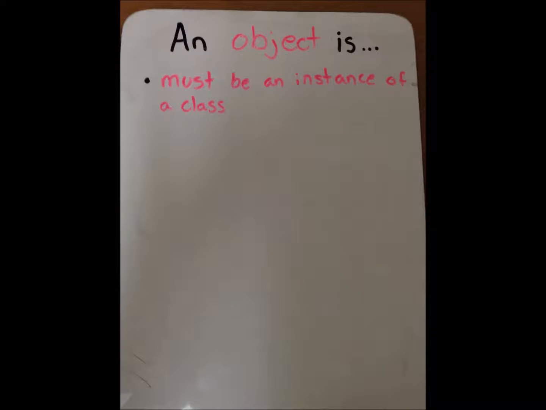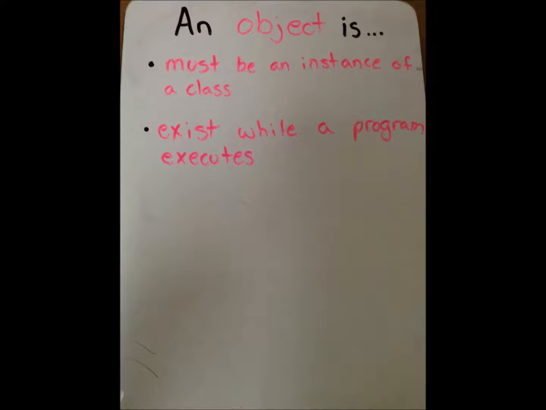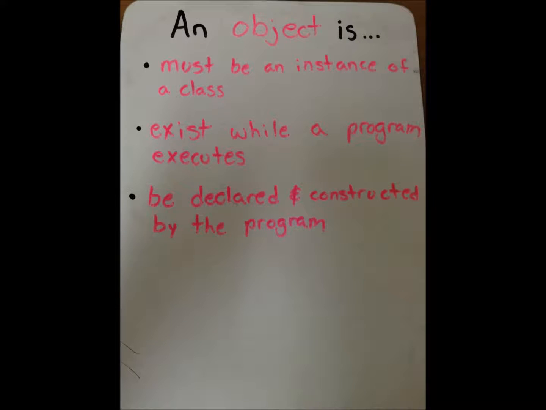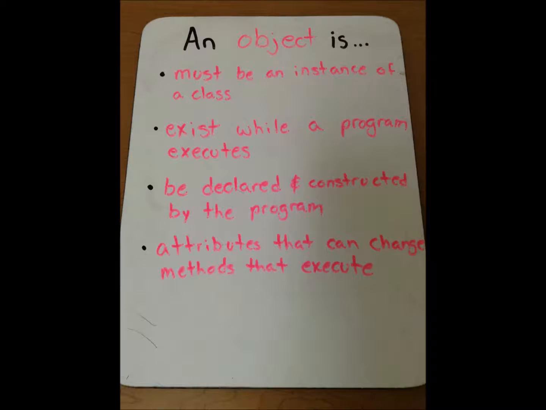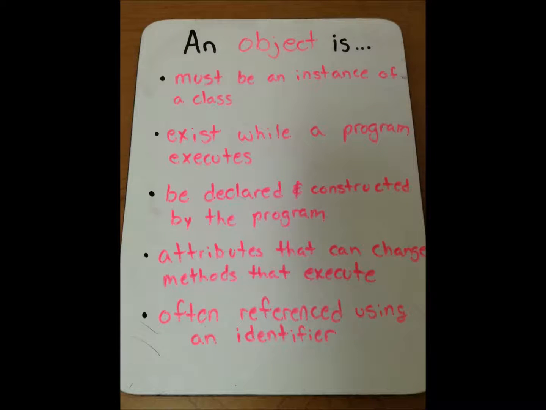On the other hand, an object must be an instance of some class, exists while a program executes, and must be declared and constructed by the program. Objects have attributes that can change, and methods that can execute during program execution. Finally, an object is often referenced using an identifier.